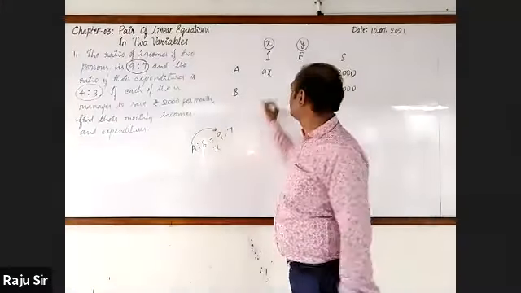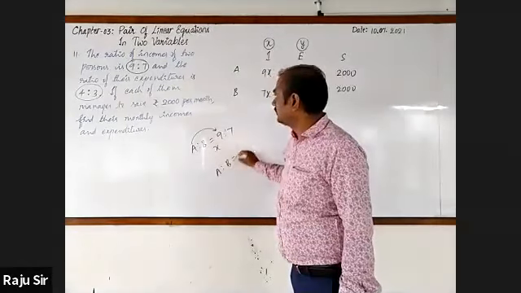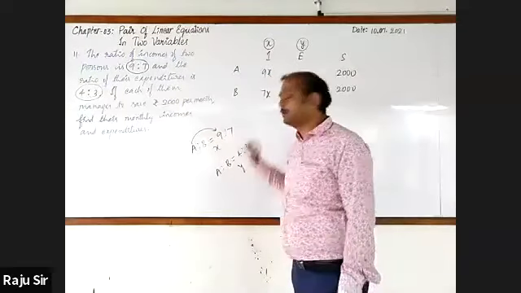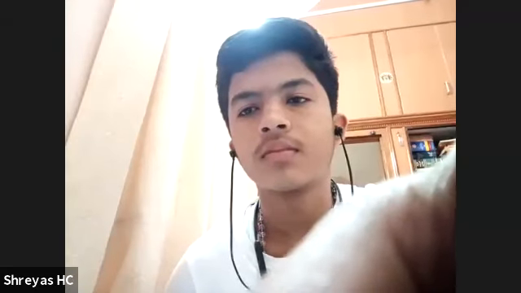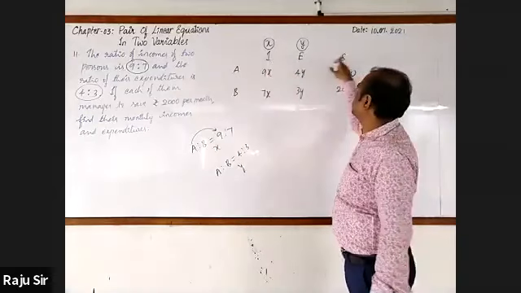B's is 7x. Next, expenditure has been given in the ratio 4:3. If I take the common ratio as y, A's expenditure is 4y and B's is 3y.